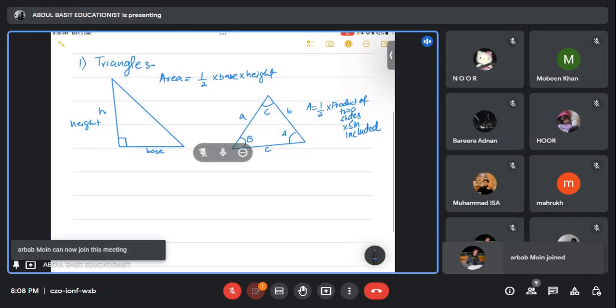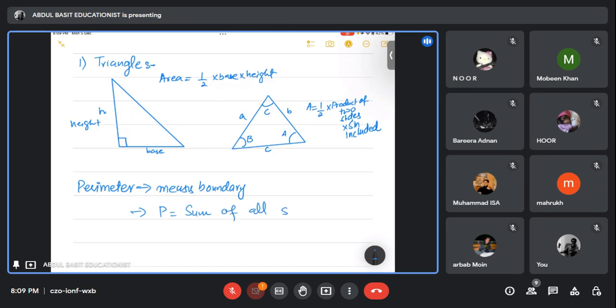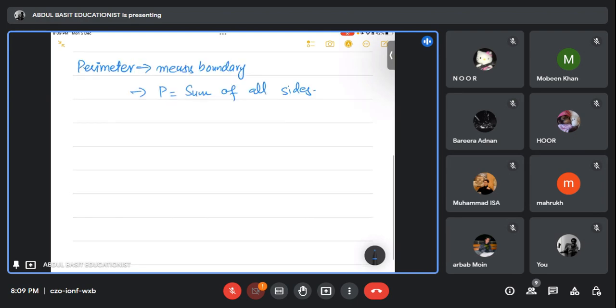So for the perimeter of the triangle, there is no special formula. Perimeter means the boundary of the shape. So perimeter is equal to the sum of all sides. For example, let me make it in a very quick way.